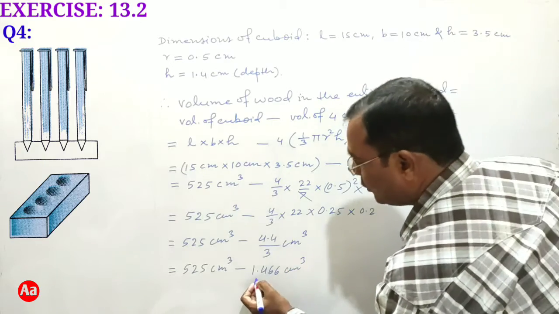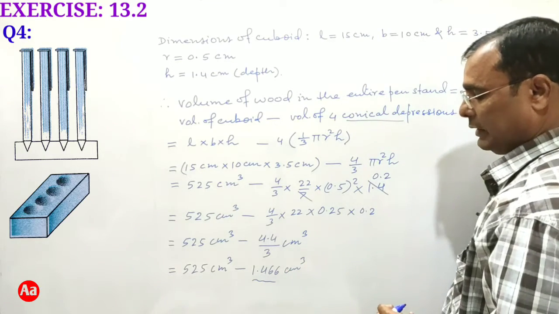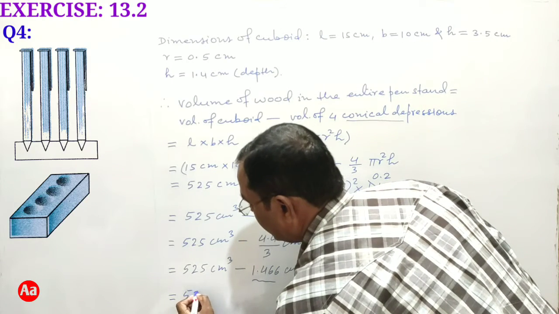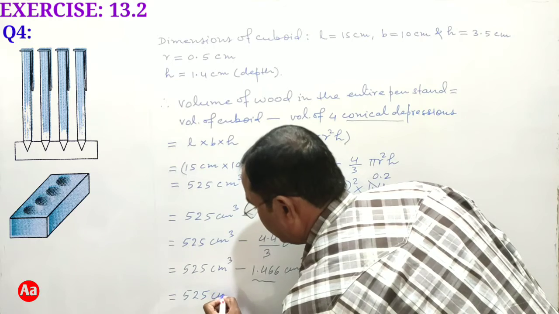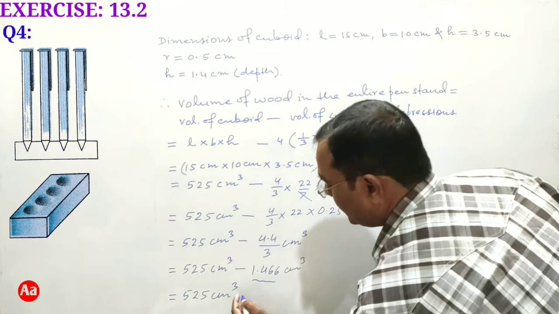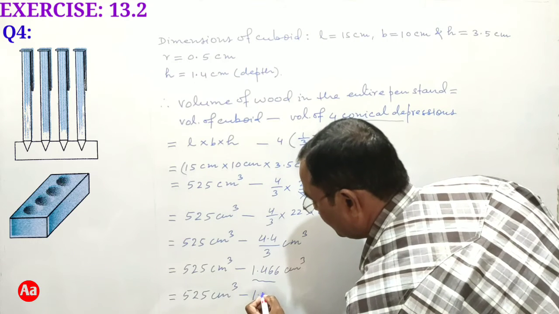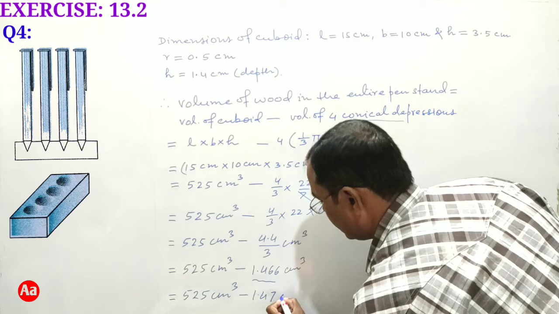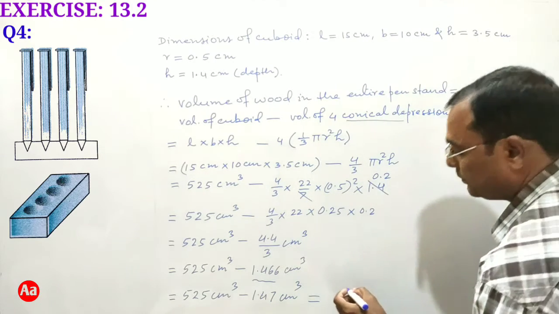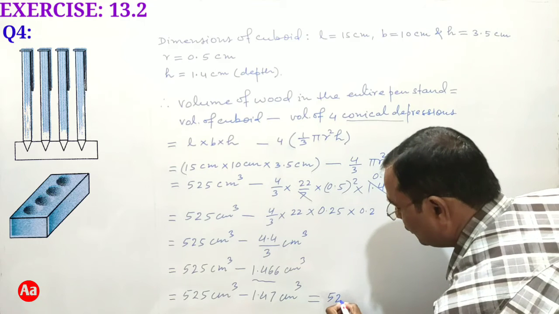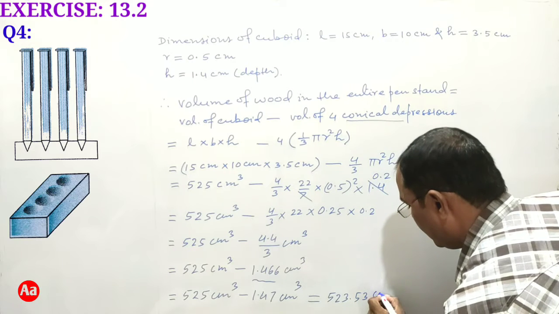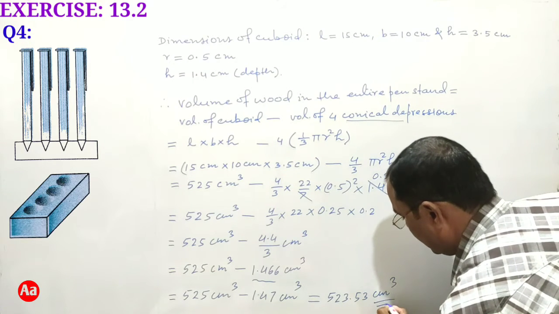centimeter cube. If we round it to 1.466, then we may write it 525 centimeter cube minus 1.47 centimeter cube, and this is equal to 523.53 centimeter cube.